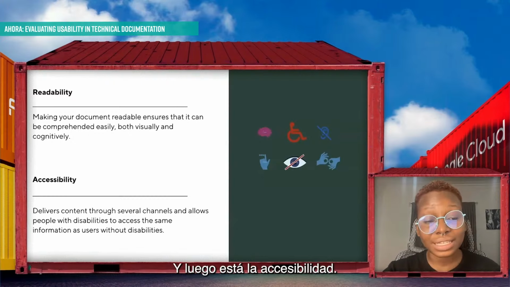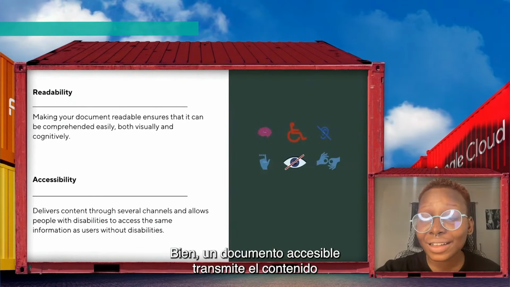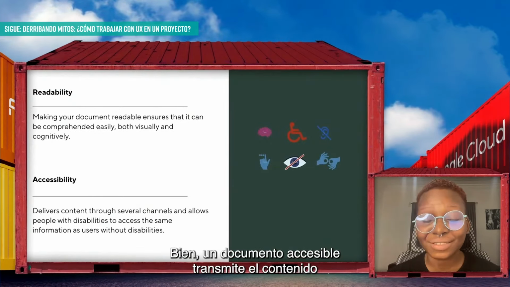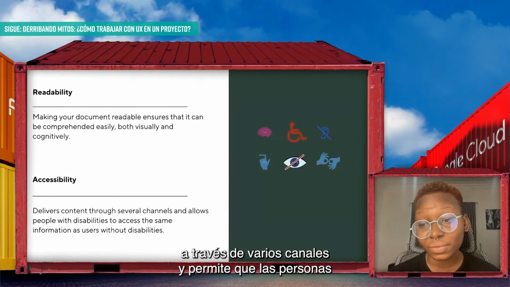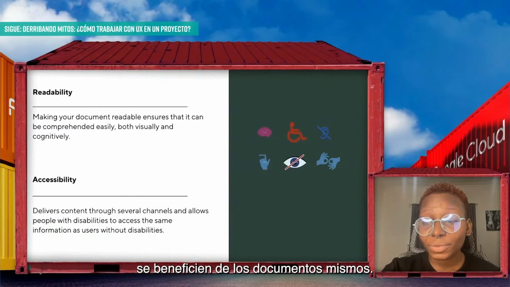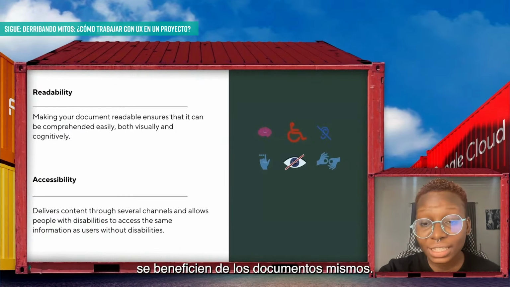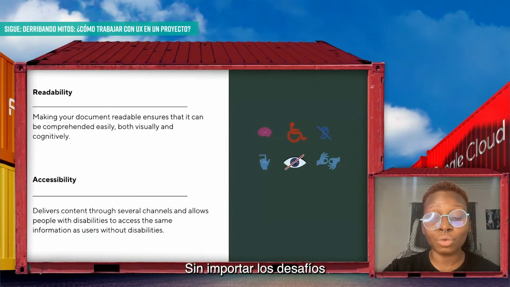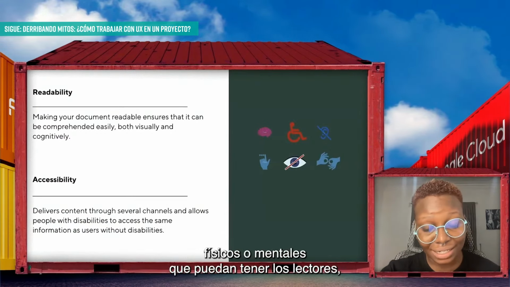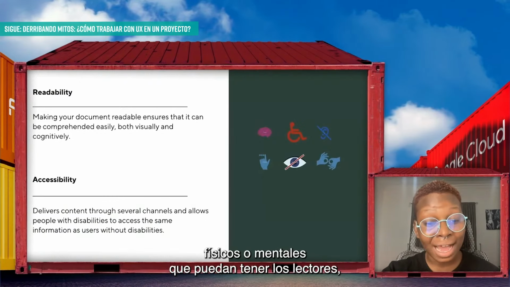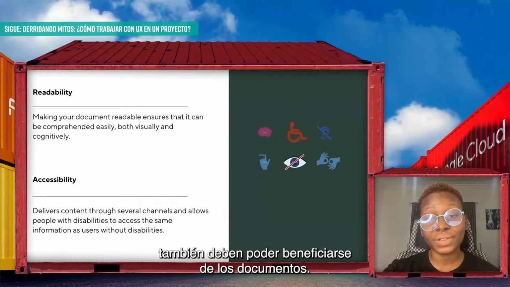Another thing to look out for is accessibility. Now, an accessible document delivers content through several channels and allows different individuals to benefit from the document itself. And so regardless of what physical and mental challenges the readers might have, they should also be able to benefit from it.